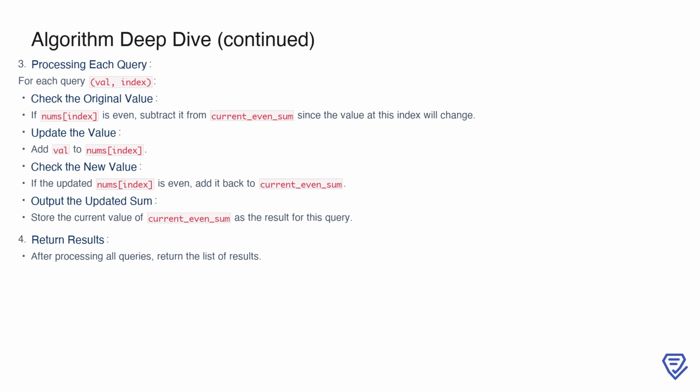After the update, we check the new value at nums[index]. If this updated value is even, we add it back to current_even_sum. Finally, we store the updated value of current_even_sum as the result for this query. Once all the queries are processed in this manner, we return the list of results, where each entry represents the even sum after processing the corresponding query.